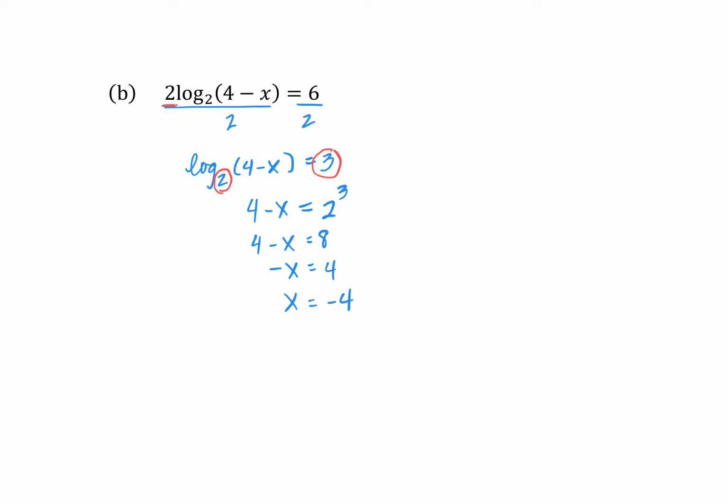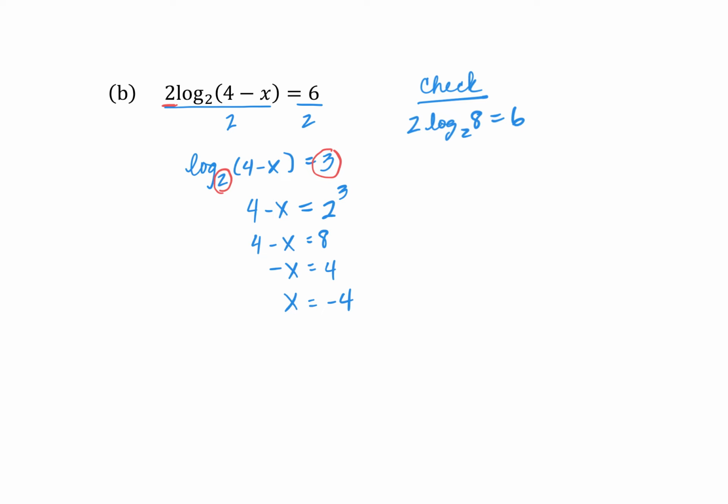Is that a good solution? We need to check. So if I put negative 4 in for x, I get 2 times log base 2 of 4 minus a negative 4, which would be 8. And I can use that solution because my log is defined. It's not negative or 0, it's a positive 8.